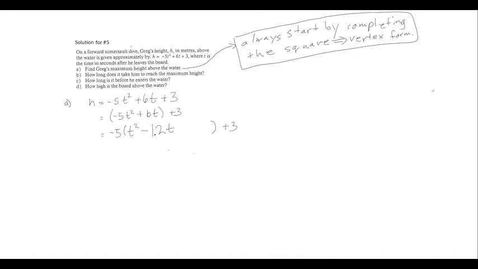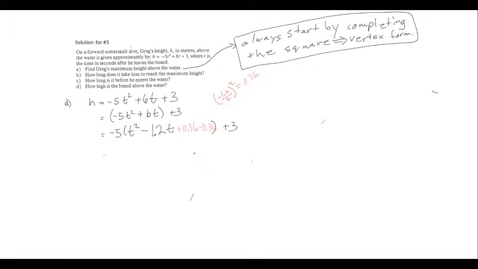So let's do that. Now, after the first 3 lines, you'll notice we've got our bracket here. Now, notice the b value in the bracket. It's negative 1.2. So we're going to go negative 1.2 divided by 2 squared, which ends up being negative 0.36. So we're going to add 0.36 and subtract 0.36 to our bracket.